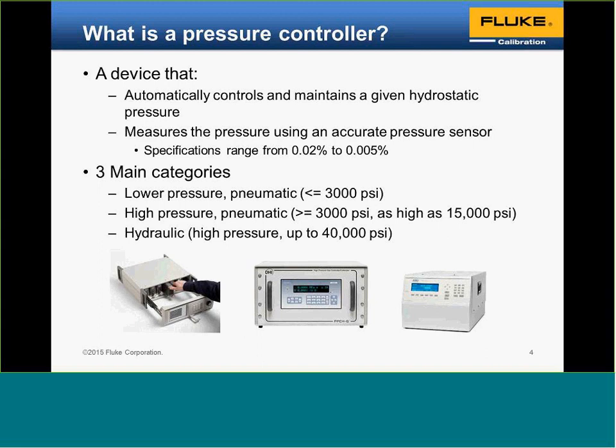Low pressure pneumatic, 3,000 psi or less, is common and has most applications out in the world. The high pressure pneumatic come into play when size is a very big concern, in an automated system.